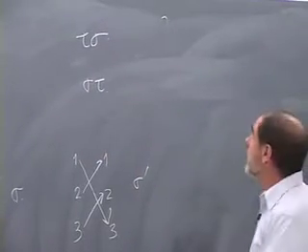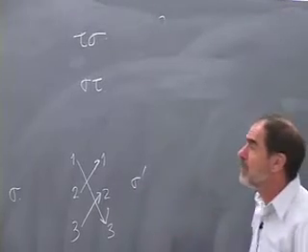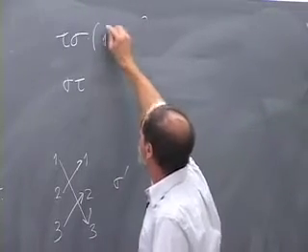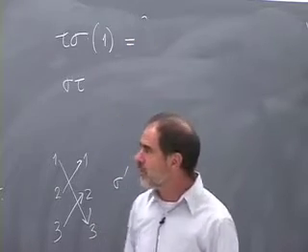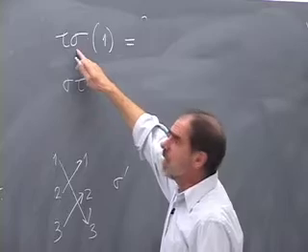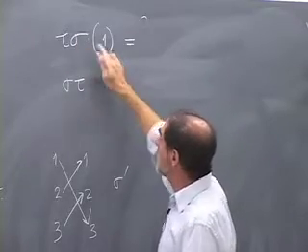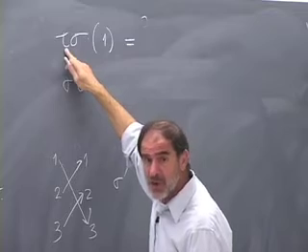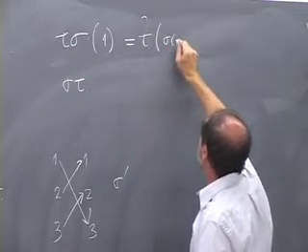Now how do you compute tau sigma? Well, you have to figure out what it is as a permutation of the set of 3 elements. So the first thing I'd want to know is what does it do to the element 1? This notation means first apply sigma to 1, and then apply tau to what sigma takes 1 to. So this becomes tau of sigma of 1.